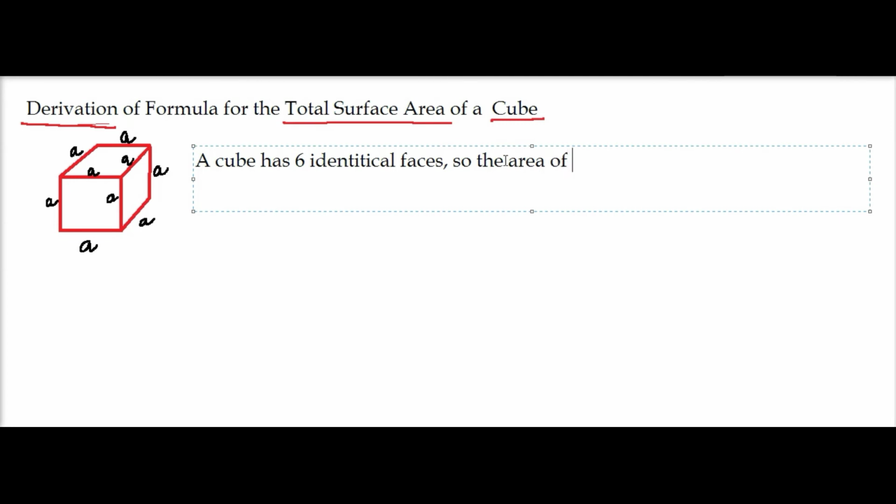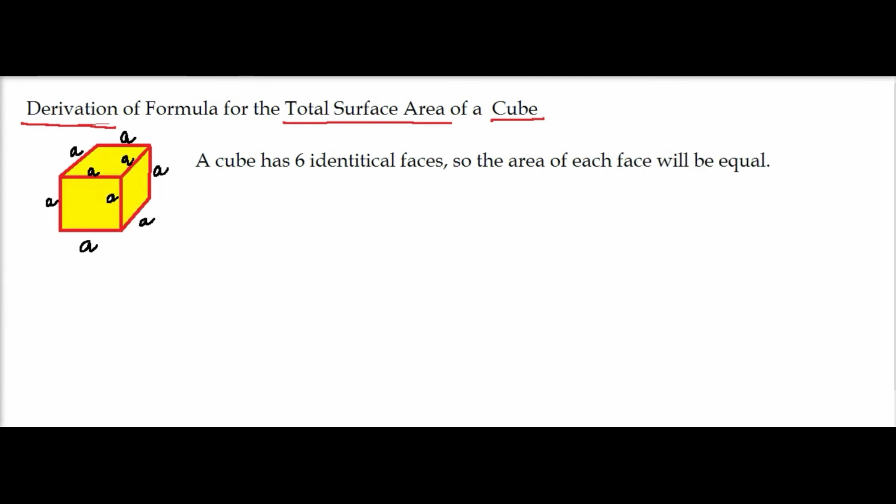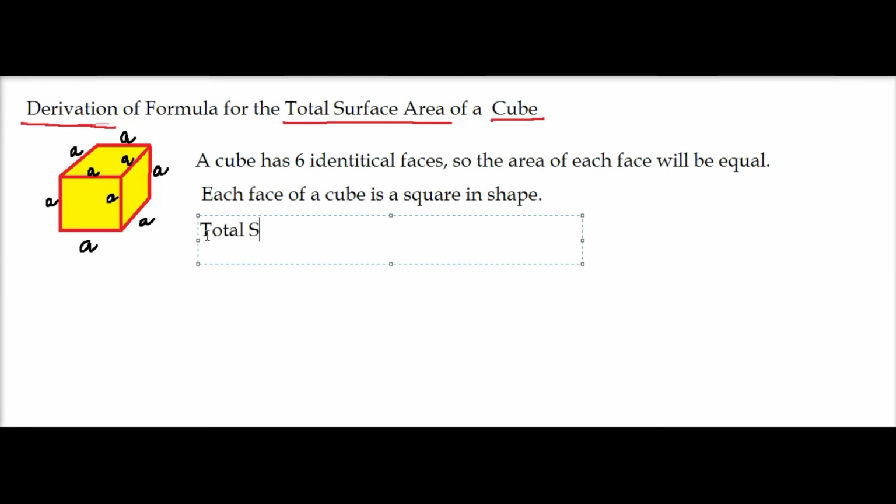So the total surface area of a cube will be the sum of the area of each face of the cube, which is a square. There are 6 faces and each face is a square. So total surface area of a cube is equal to the sum of the areas of all the faces.